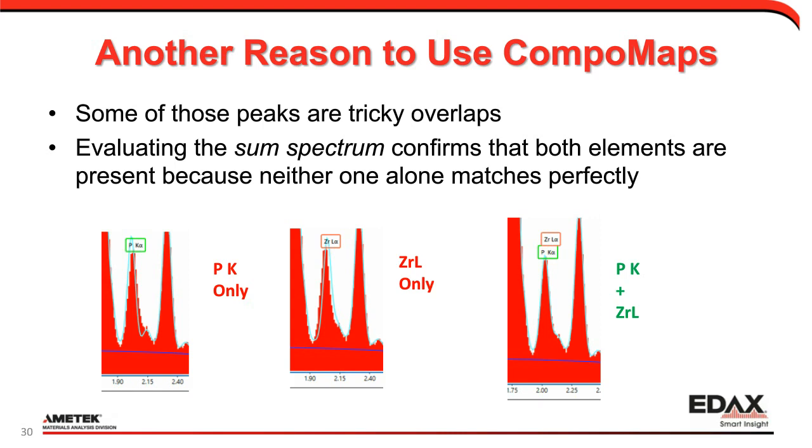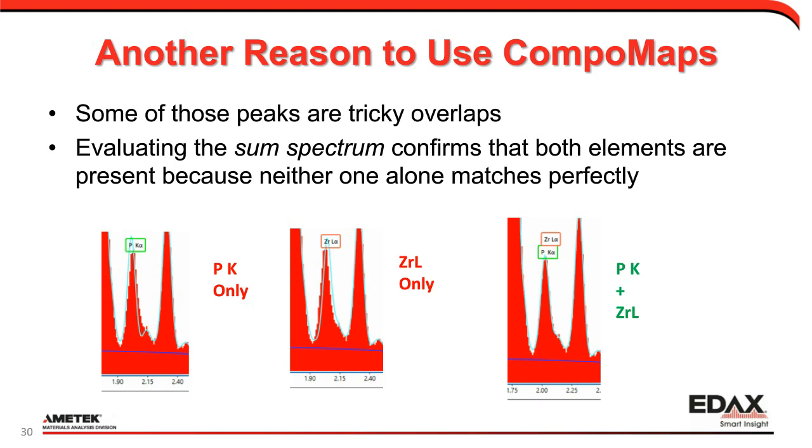But look, it missed to the left-hand side of that peak, didn't quite get all of it. So then now moving all the way to the right-hand side, we could see the model of both phosphorus K peaks and zirconium L peaks all together, and that model really seems to have gotten it great altogether.